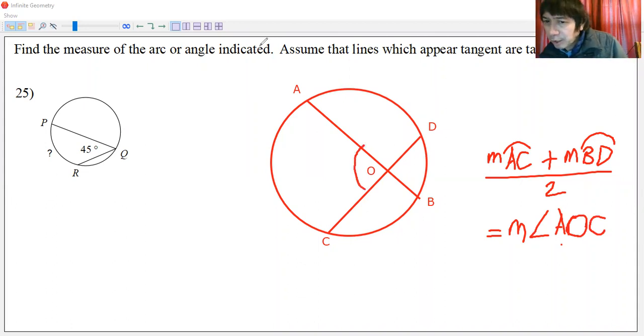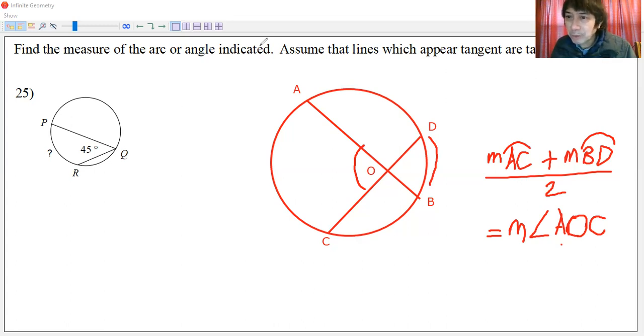Imagine if your arc BD disintegrates to 0. If your arc BD becomes 0, then the picture will be like the number 25 diagram. Imagine this arc here becomes 0. That means they will merge to one point.